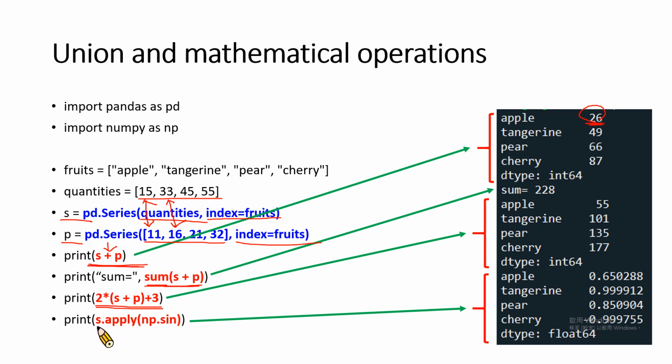And we can even apply some function on the series. In this case, we apply the sine function on the values of the series. So you see, for different elements, we have different values. So this is a useful function, apply, which means that we can apply some function on the series.